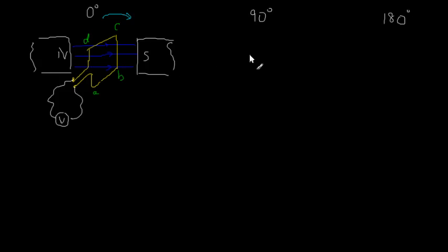Now I'm going to draw in the magnetic field. Just going to draw 3 lines to represent the magnetic field. So the magnetic field has not changed. The flux density is the same. It's 1 Tesla here, 1 Tesla here, 1 Tesla here, uniform field.